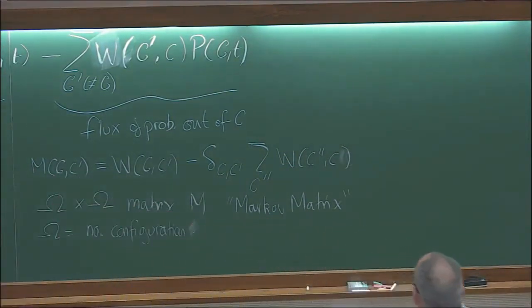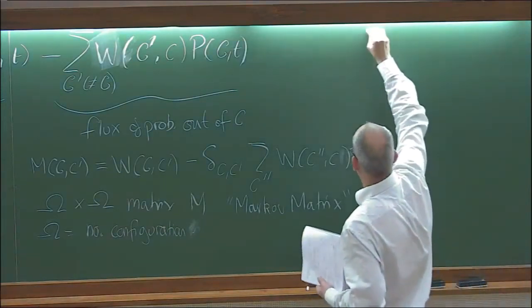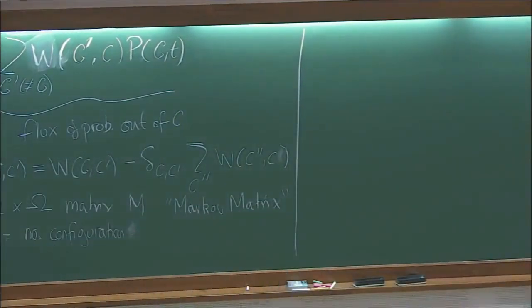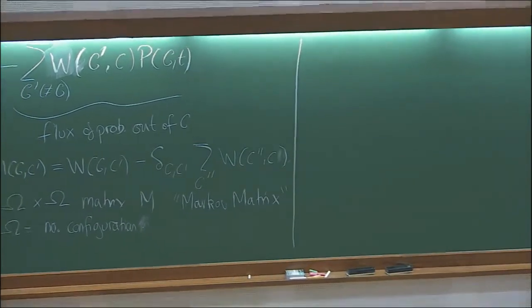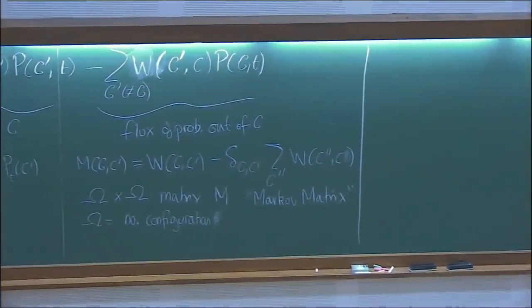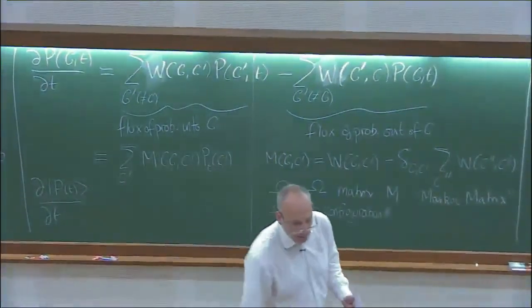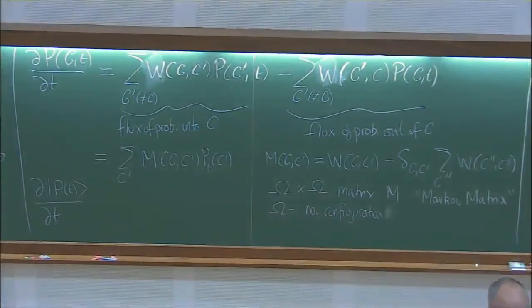So then if we want to formalize things a little bit more, I can write this equation in a vector notation. Here I use Bra-Ket notation, or really Ket notation, but don't let this worry you. Don't get confused with quantum mechanics. I'm just using Ket to indicate a vector.